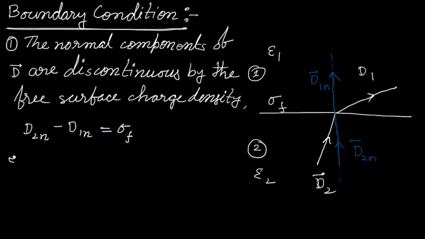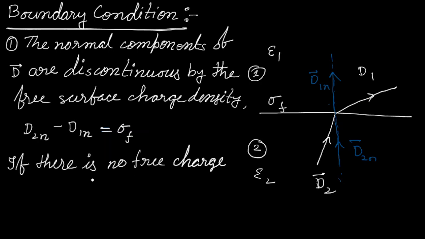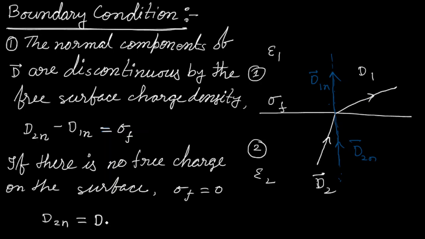And if there is no free charge on the surface, then we can write sigma free is equal to 0, and if sigma free is equal to 0, then we can write D1n is equal to D2n.